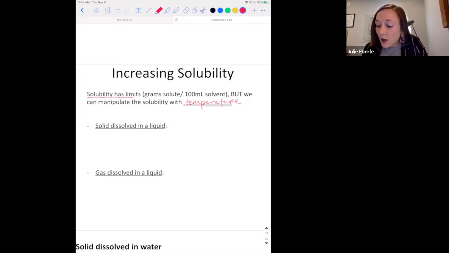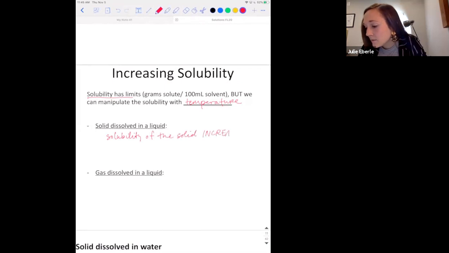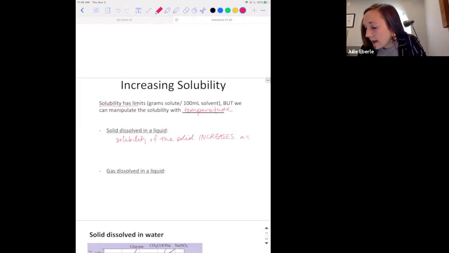Okay. So here's what we know: solids, like the Splenda or the sugar or whatever you're mixing in your tea, a solid dissolved in a liquid, the solubility of the solid increases as temperature increases. Okay.